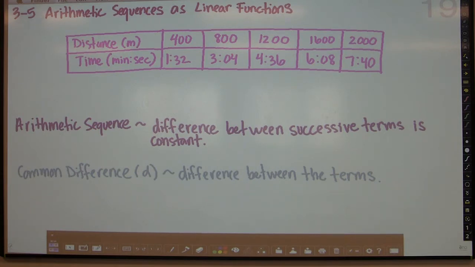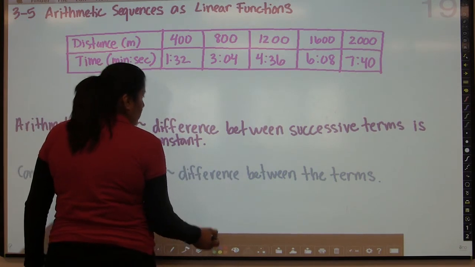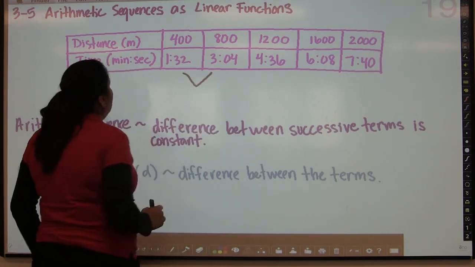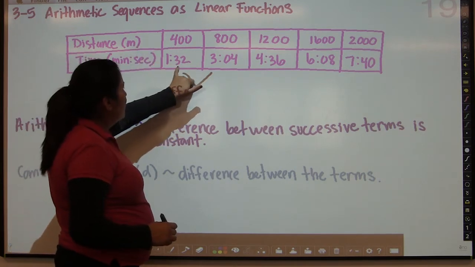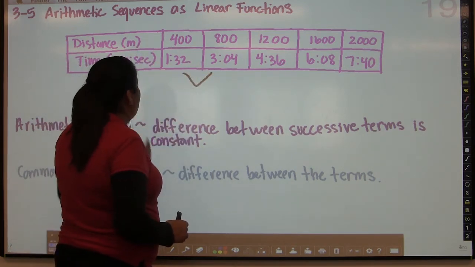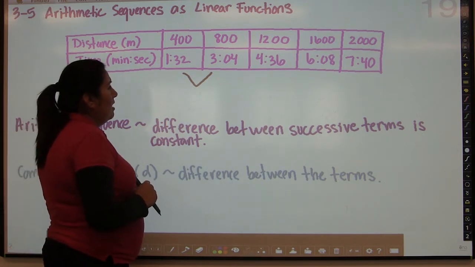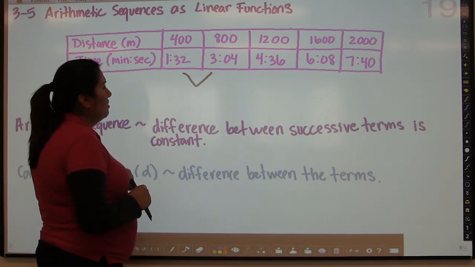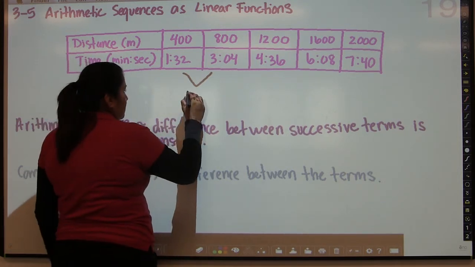All right, so for example, as I compare these two numbers here, I'm not really concerned about the distance up on top, more the times here. 1:32 to 3:04 is adding a whole minute and 32 seconds.